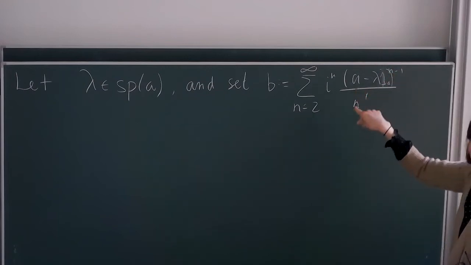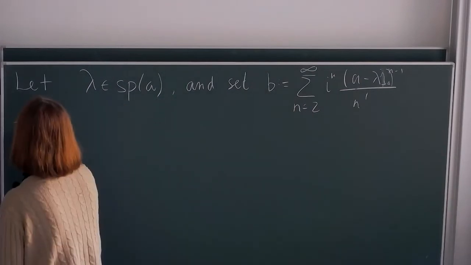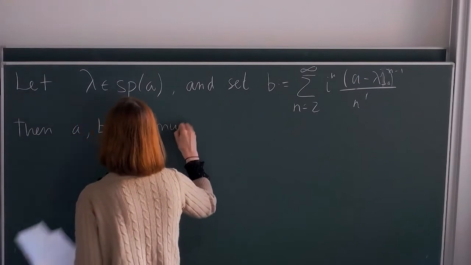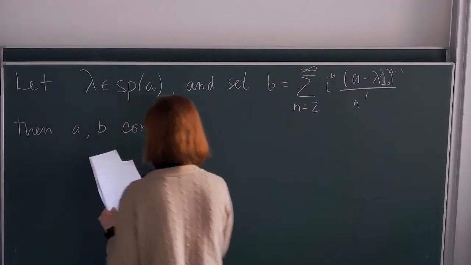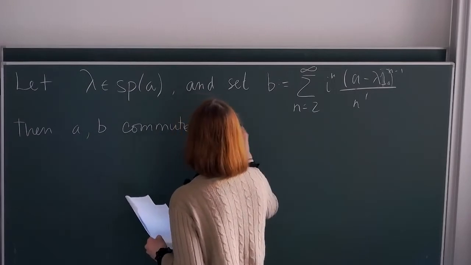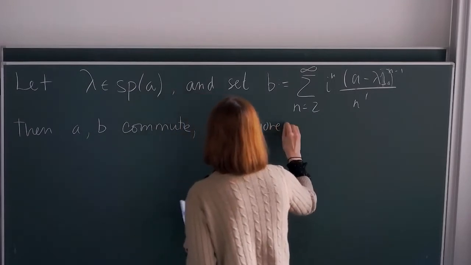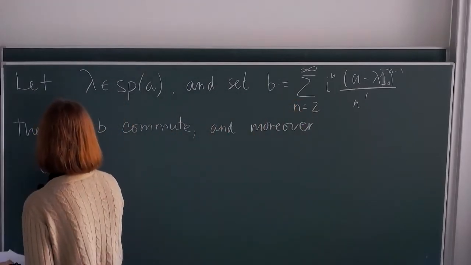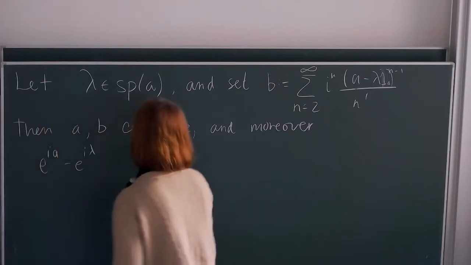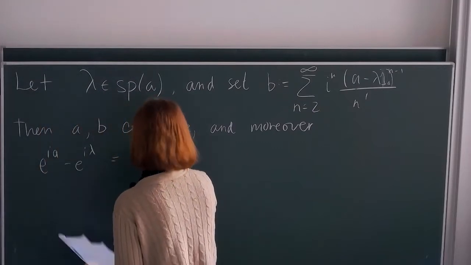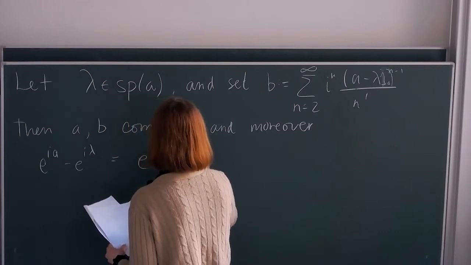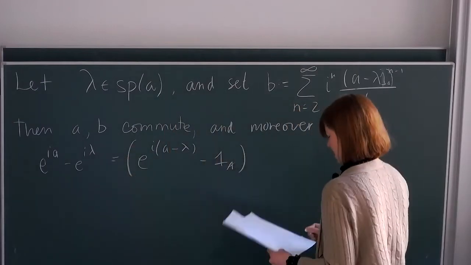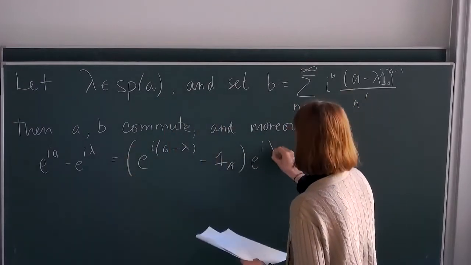So it commutes with A. And moreover, we have that e to the iA minus e to the i lambda is the same as e to the i(A minus lambda) minus 1, which is, oops, sorry, times e to the i lambda.